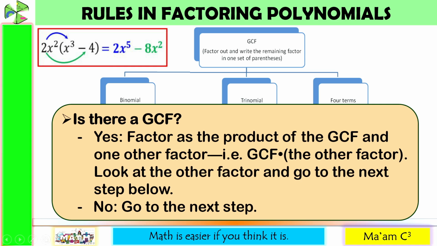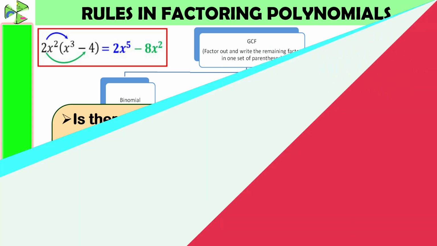And then after that, you're going to examine the remaining factor and ask yourself if it is a binomial, trinomial, or does it contain four terms. But we are not going to discuss this yet. In this lesson, we are going to focus our attention on determining the greatest common factor. We are going to do factoring.